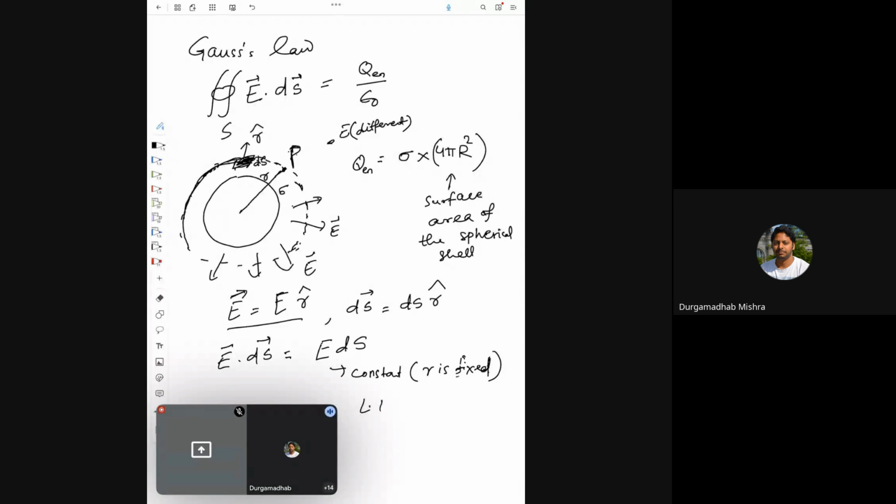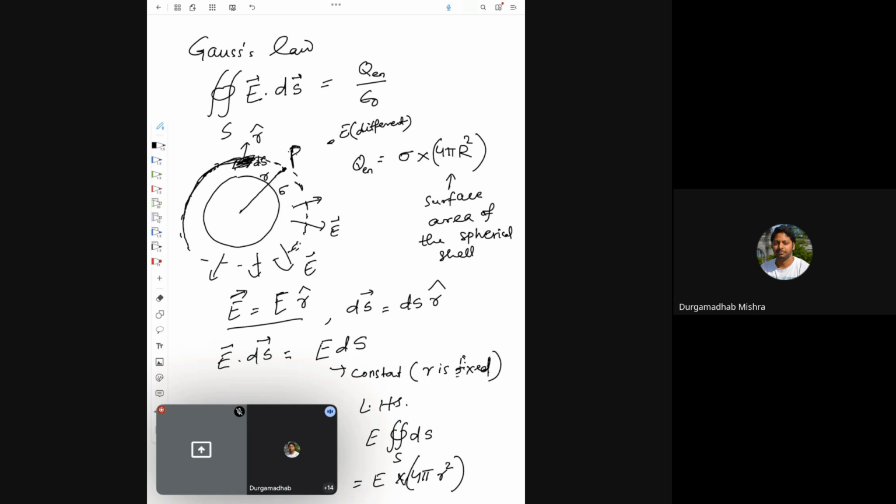The left-hand side now will become E times the surface integral, because E is constant, so I take it out of the integral. I have to integrate over the small surface area, and if I integrate over the whole surface, which is spherical, this will be E times the area of the surface, which is 4 pi small r squared.